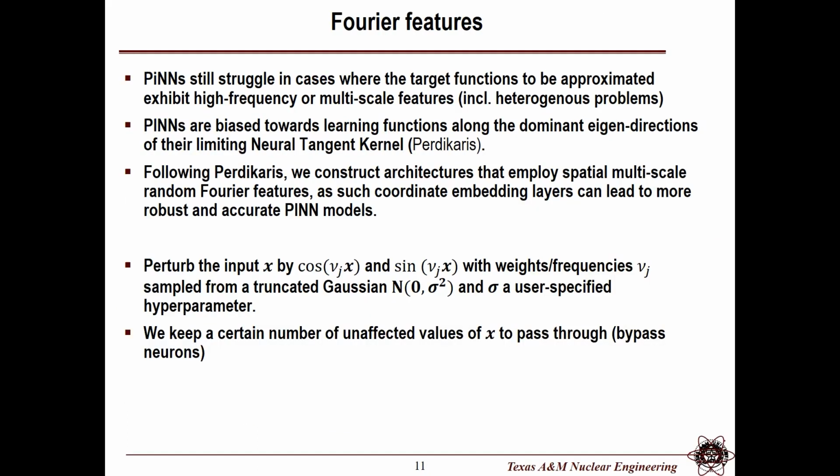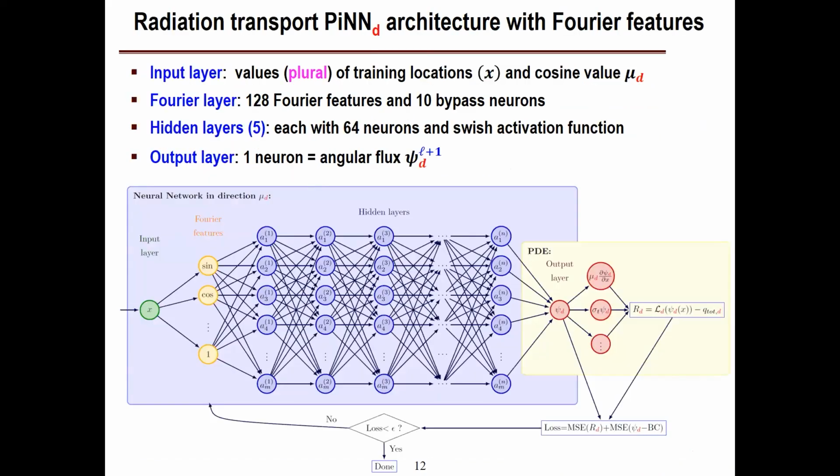And in addition to these sine and cosine projections, we also keep a certain number of direct X values to pass through. We call these bypass neurons, so that there's still that information entering as well. So that makes our modified PIN architecture look something like this.